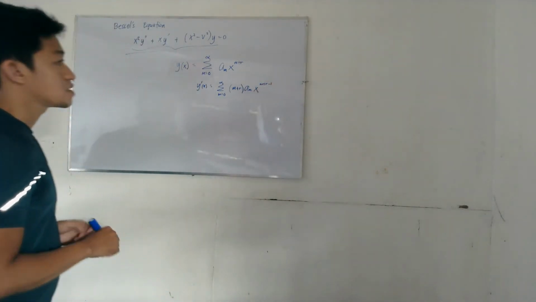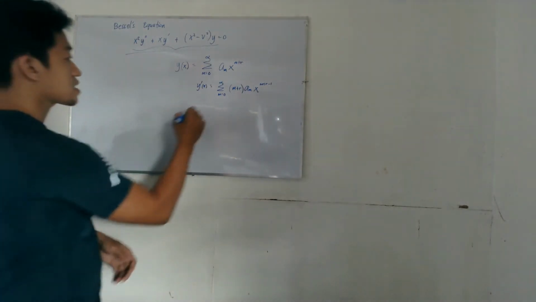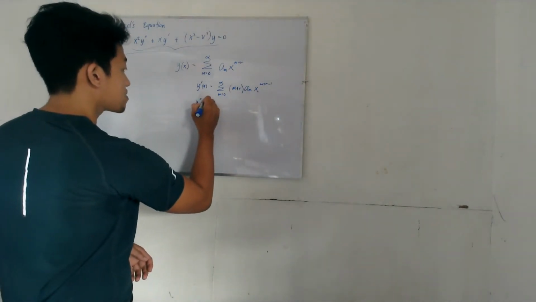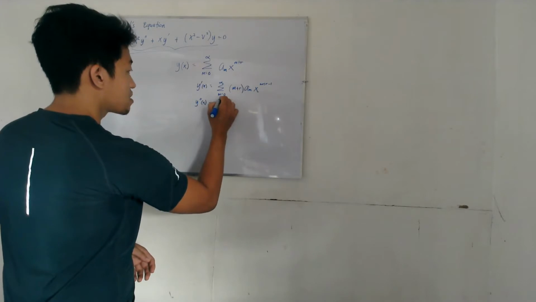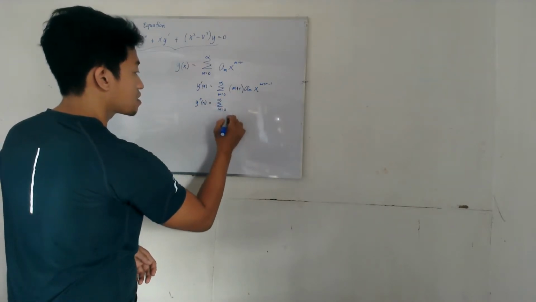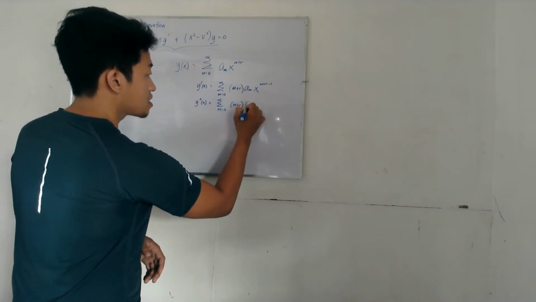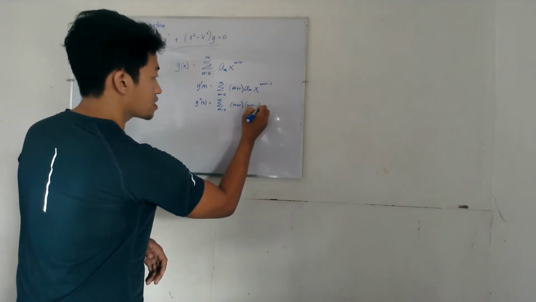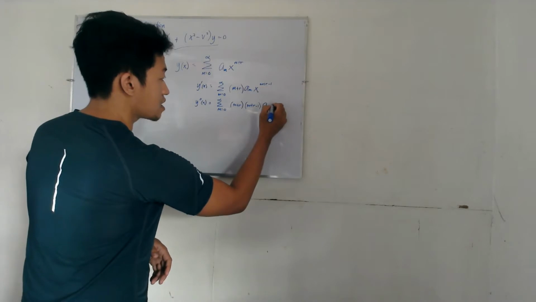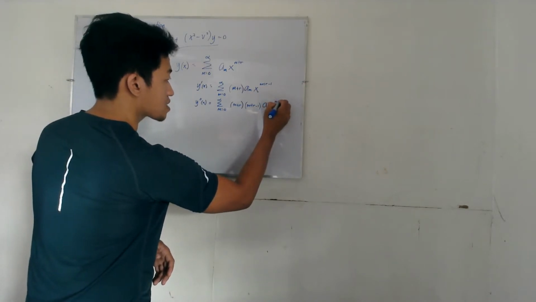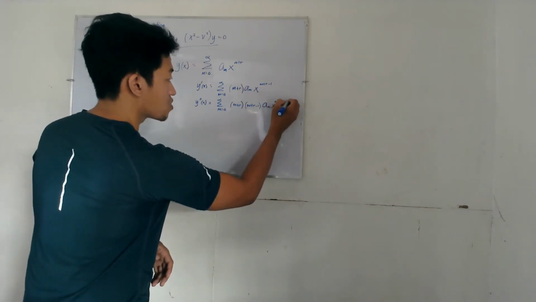Get the second derivative: (m plus r)(m plus r minus 1) a_m x to the m plus r minus 2.